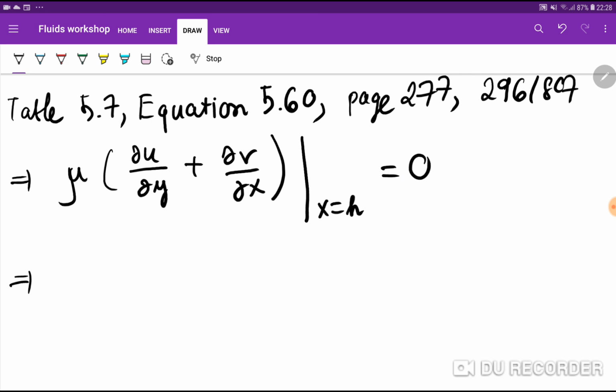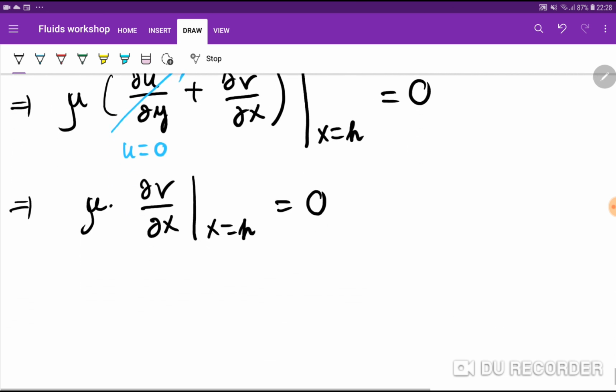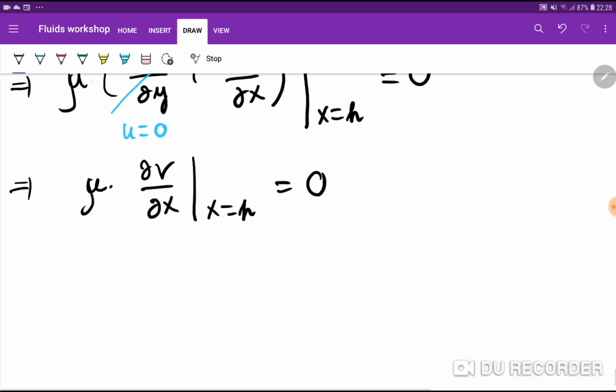Can we simplify this term? Yes, we can, because previously we demonstrated that u is 0, so it becomes mu times partial v over partial x at x equals h equals 0. Wonderful.